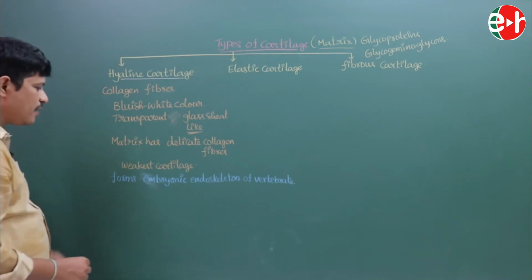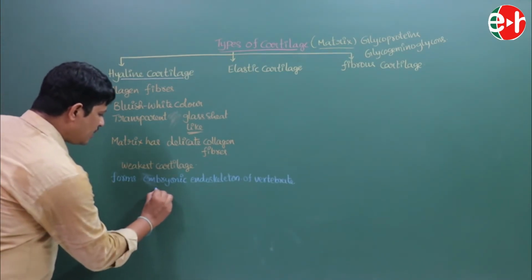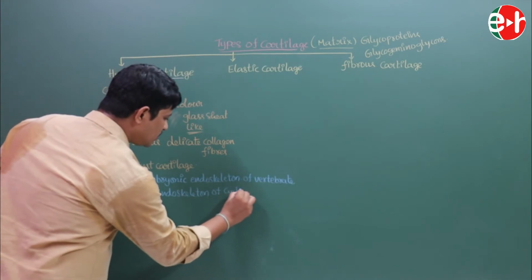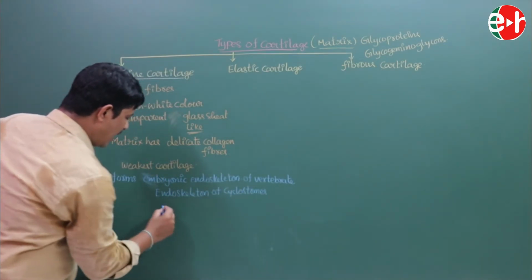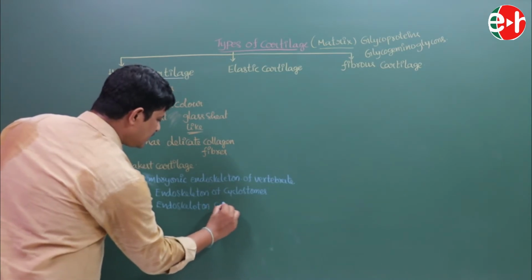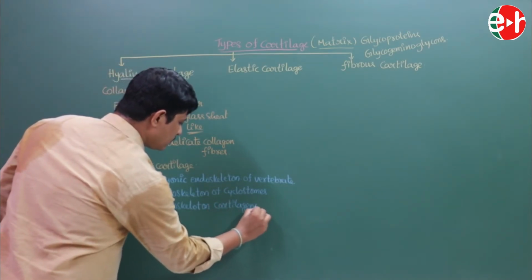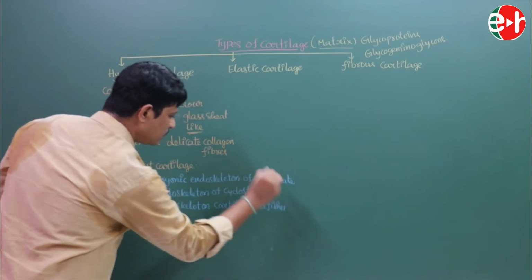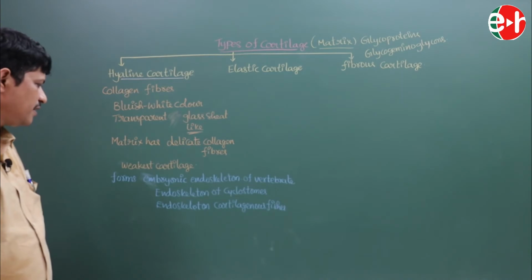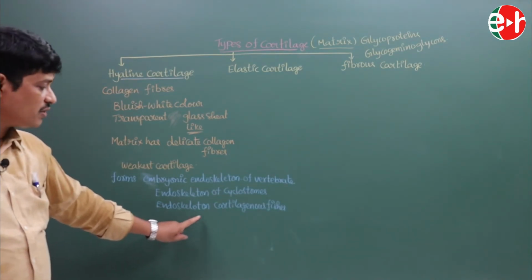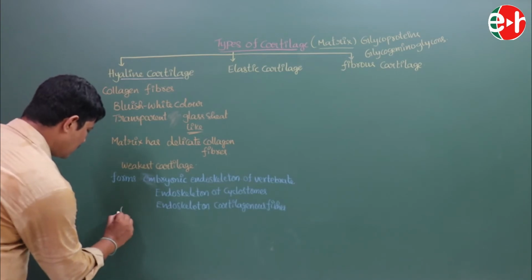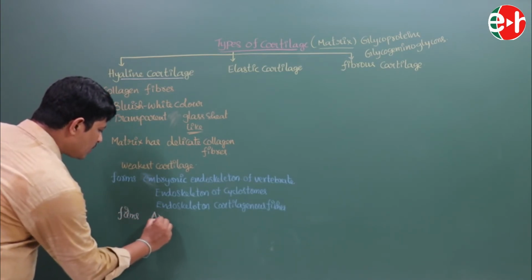The embryonic endoskeleton is made up of hyaline cartilage, as is the endoskeleton of cyclostomes and the endoskeleton of cartilaginous fishes. It also forms articular cartilage.